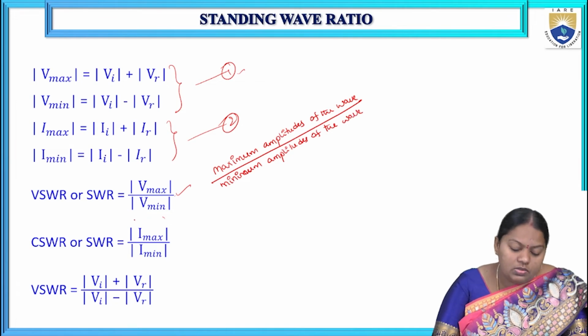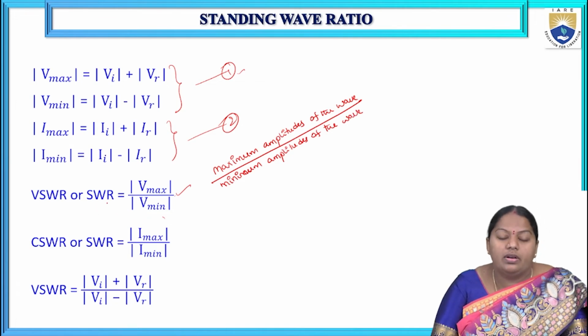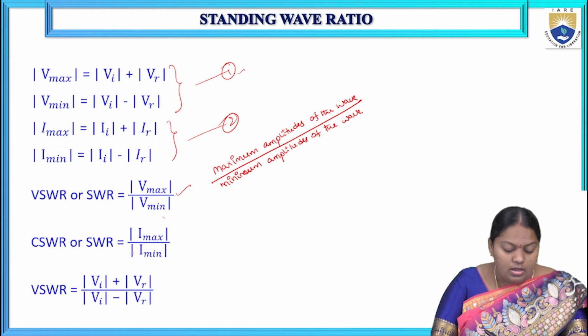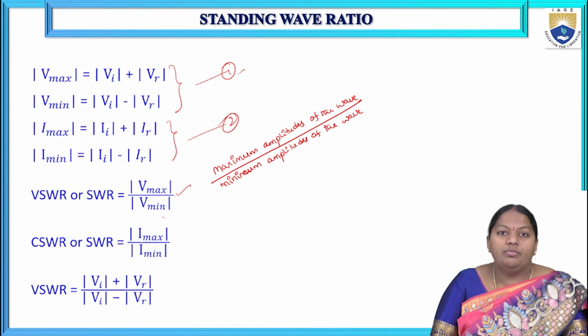Okay, so VSWR or SWR is equal to Vmax by Vminimum. Similarly, current standing wave ratio, or simply SWR, is equal to I maximum by I minimum.